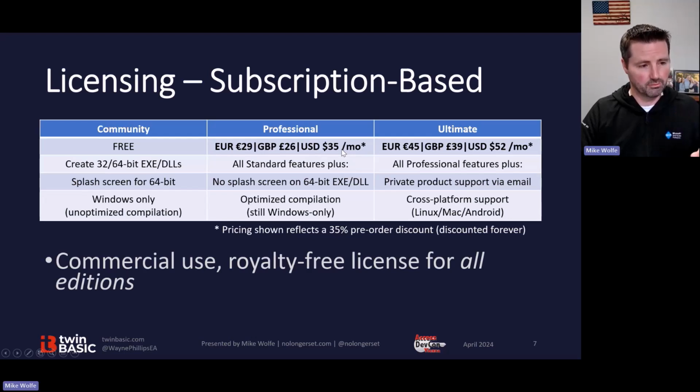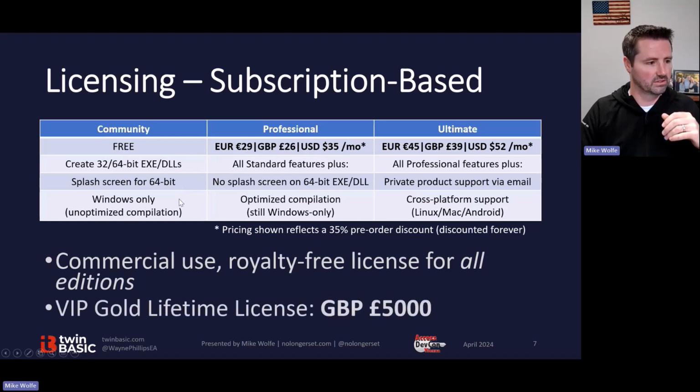If you purchase at the pre-release price and maintain an active subscription, that pre-release discount applies forever. However, once it goes into the version 1 release, this monthly price is going to go up for both of these. However, with the community edition, you can fully test this and create 32-bit and 64-bit executables and DLLs.